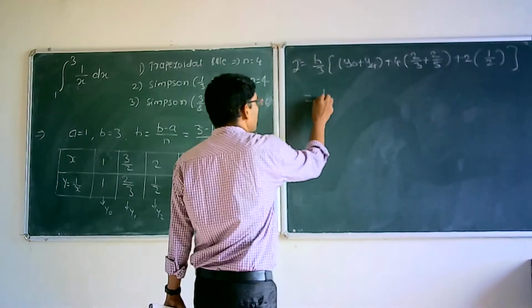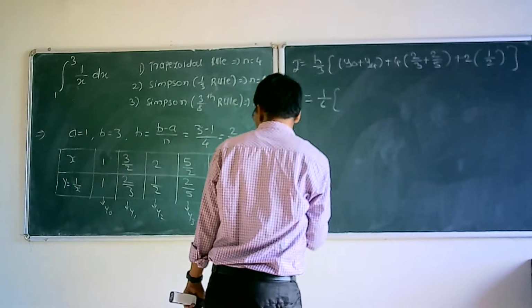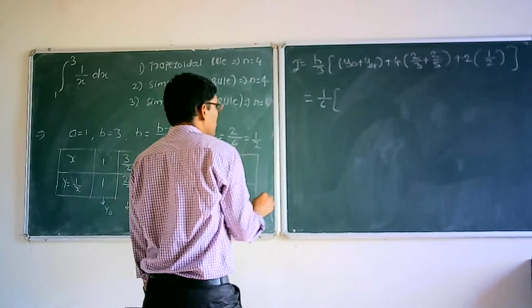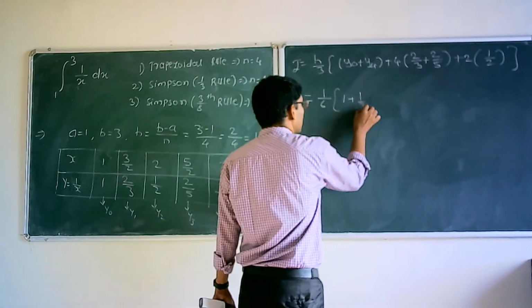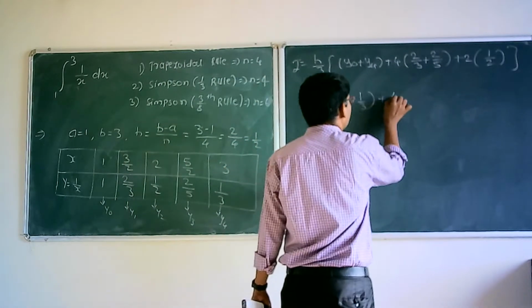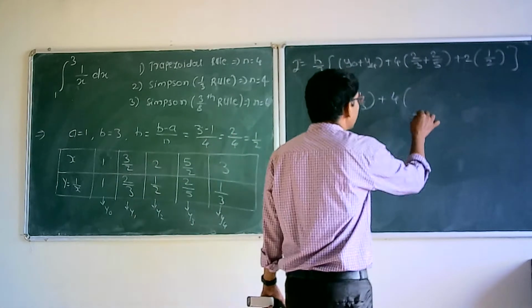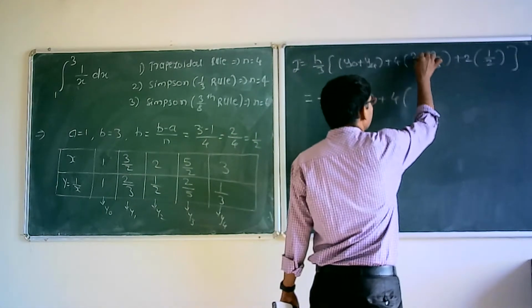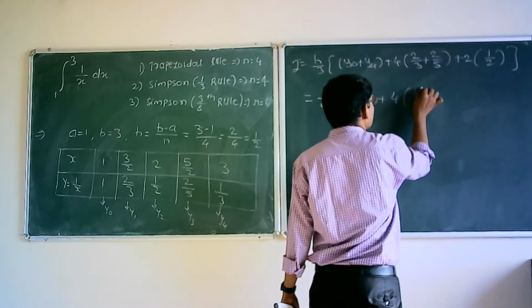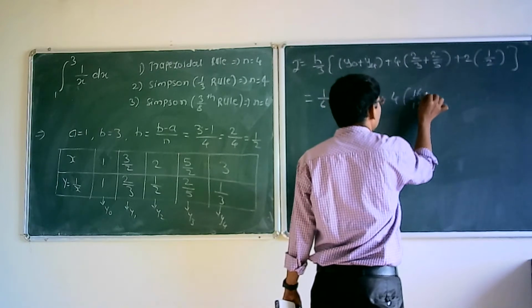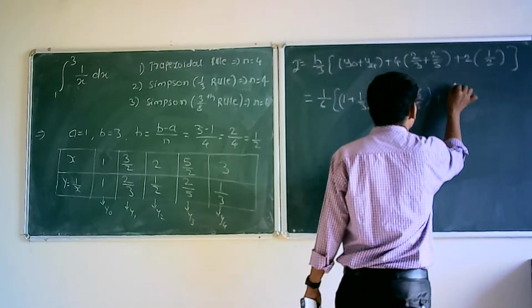So it is 1 by 6 inside the bracket y0 plus y4, 1 plus 1 by 3, plus 4 times, if you simplify this, 10 plus 6, 16 by 15, plus 1.